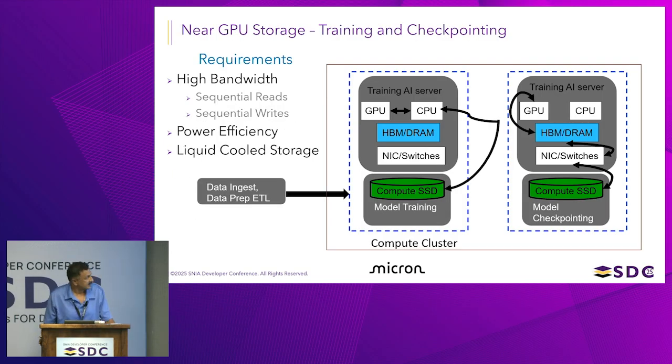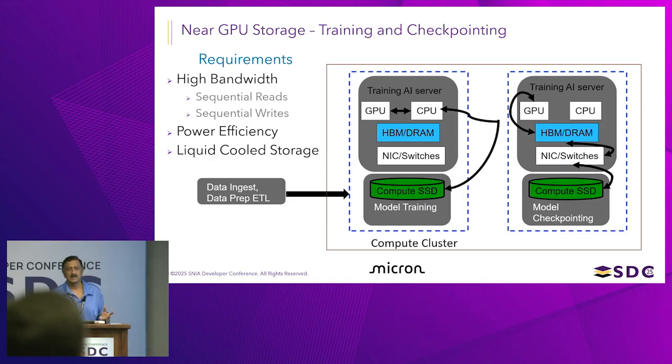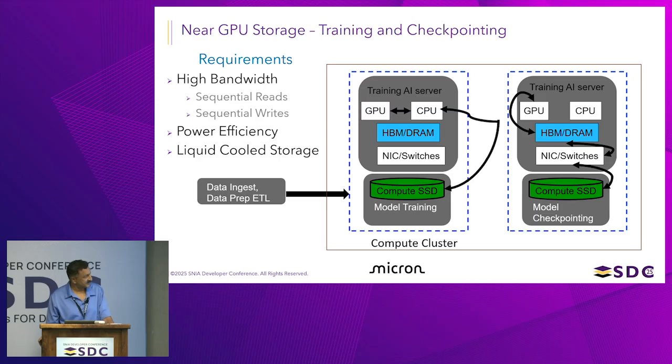So this figure shows two training use cases where the near GPU SSDs play a meaningful role in the compute cluster. As you can see, the first use case on training is fairly standard, where your data that's typically brought in and ingested gets cleaned and prepped and fed into a compute SSD.